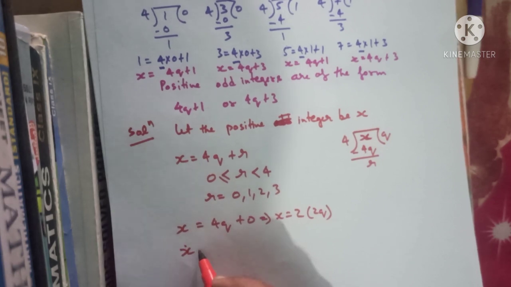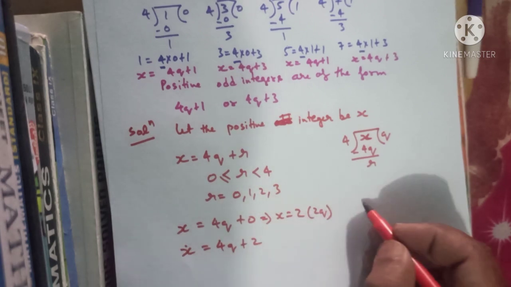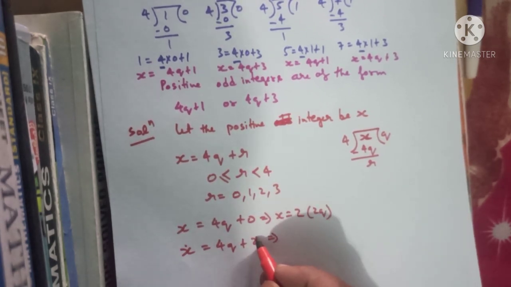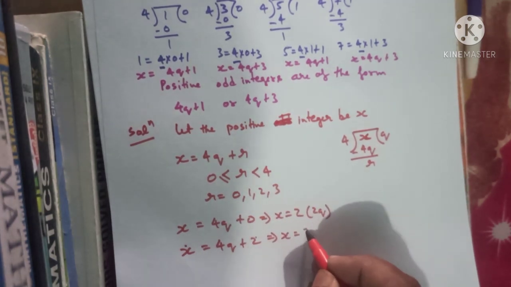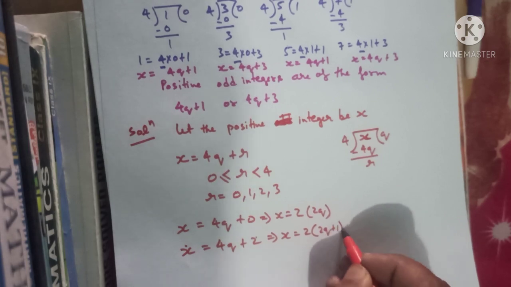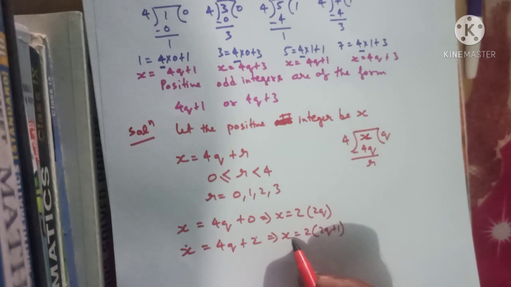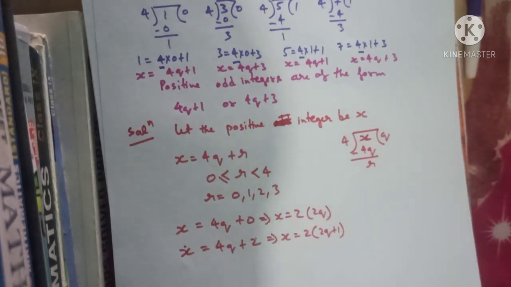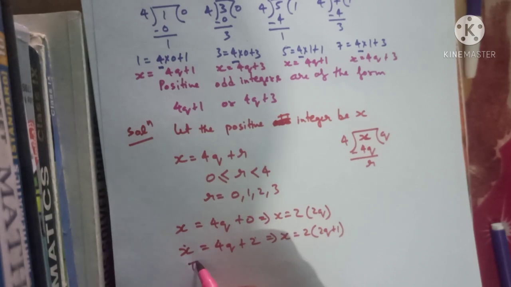Similarly, if we write x is equal to 4q plus 2, it can be written as x is equal to 2 times (2q plus 1). So again this is also divisible by 2, so it is also a positive even integer.